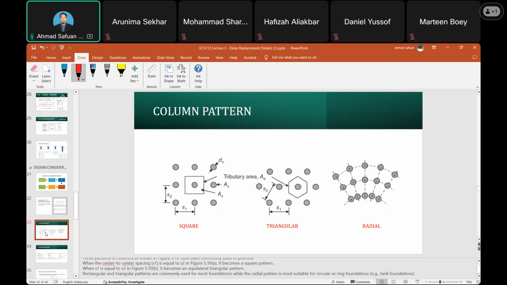AS is the area of the treated soil. AC is the area of the column. So for the square, that is the AS. And also for the triangular, that is the AS.